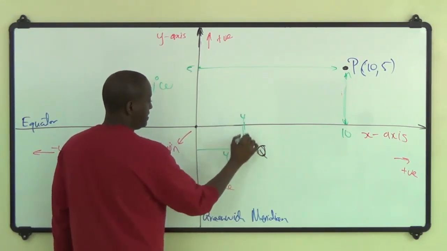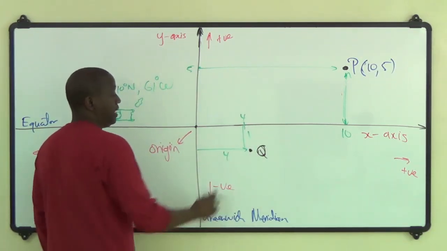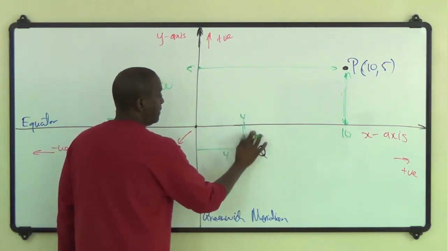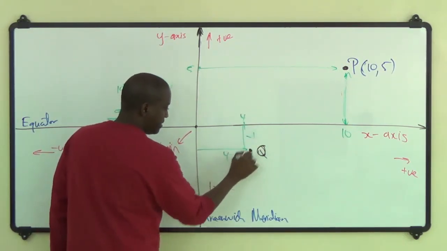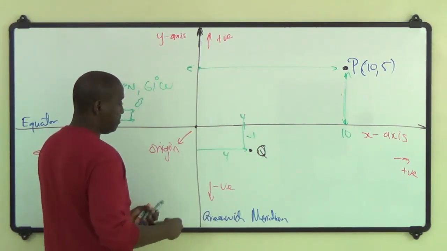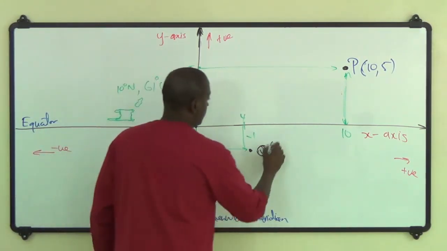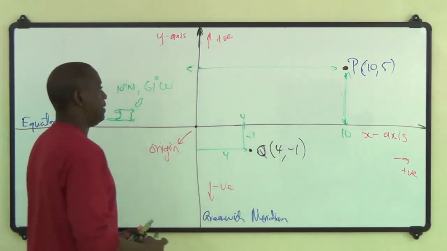And let me say this distance here is 1, but because the distance is down, it will be minus 1. So the point Q will actually be the point 4, minus 1.